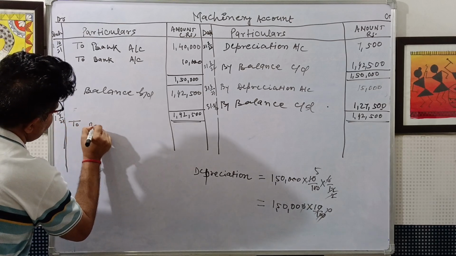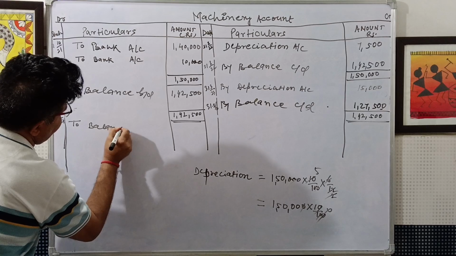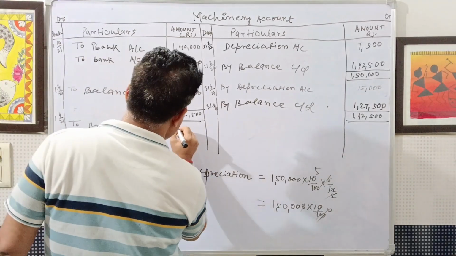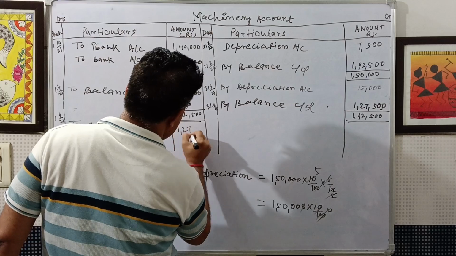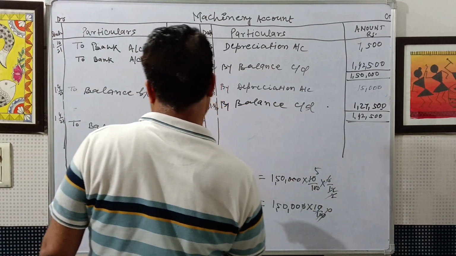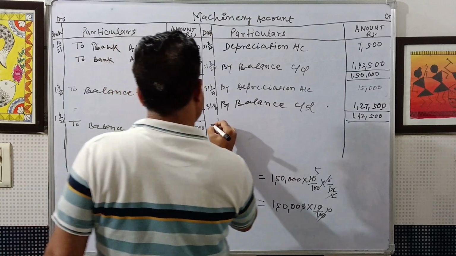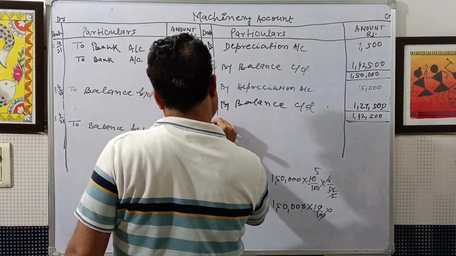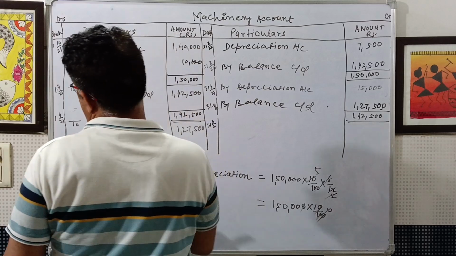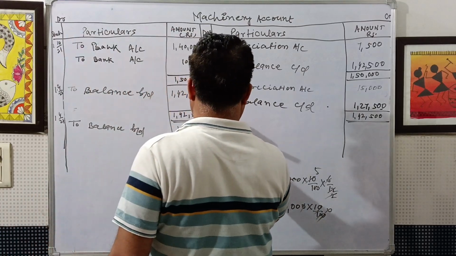To balance BD, 1,27,500. Again, 31st March 25.